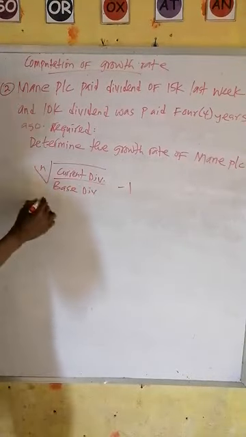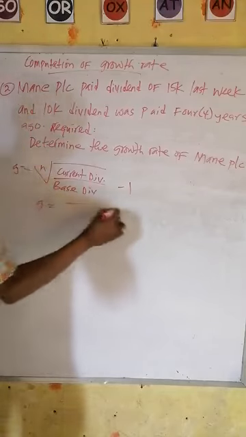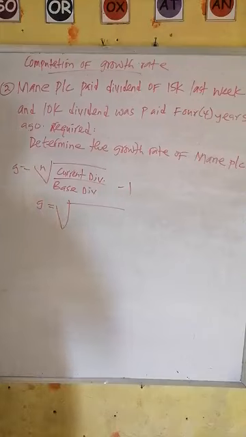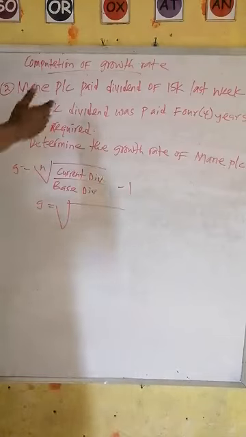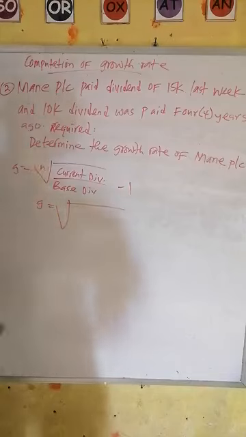Now, how do we determine G? G is equal to, what is our N in this case? How do we determine our N? Yes, we can determine our N from the question. Just look at the tune of the question.